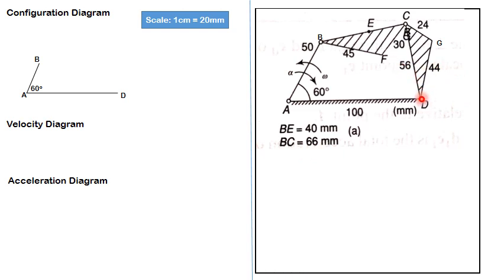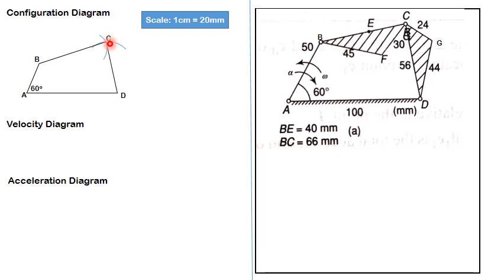Use a divider, set it to 33 mm, place it on point B, and draw an arc of 33 mm. Again use the divider, set it to 28 mm, place it on D, and draw an arc of 28 mm, and the point of intersection of these two will be point C, like this. Join the lines BC and DC.